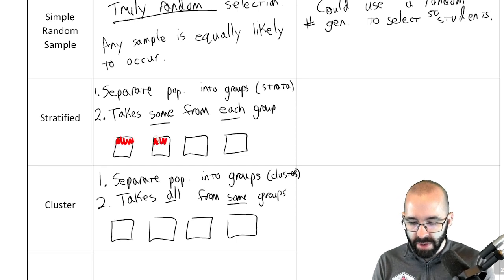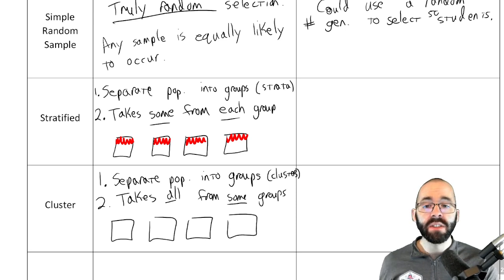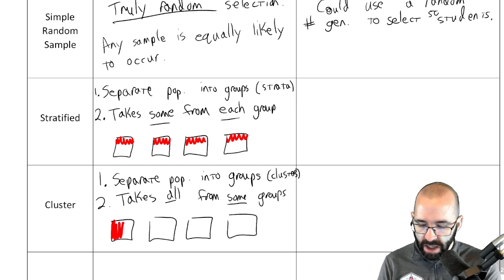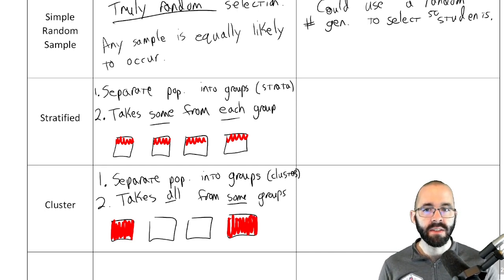We look at some here, some here, some here, some here as well. Whereas cluster says you're doing everyone, but only from some groups. So maybe cluster sampling would look at all the people in this box and all the people in this box. Okay, so that's kind of the difference visualized between stratified and cluster.